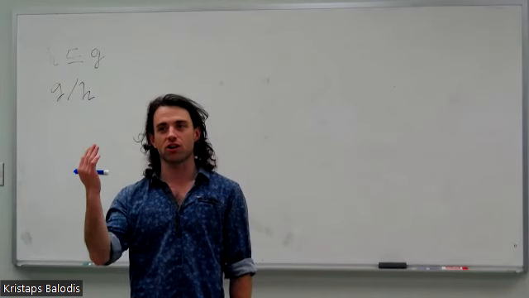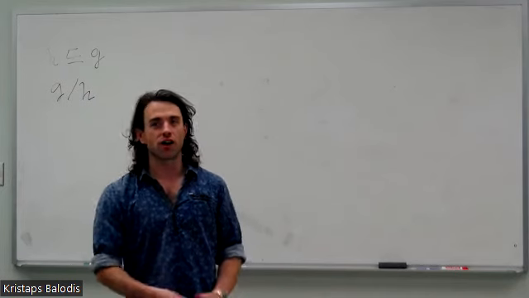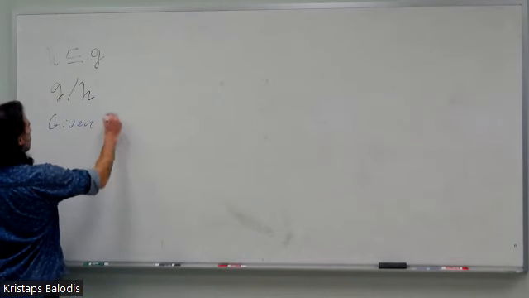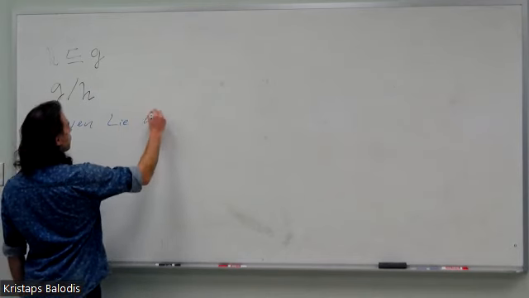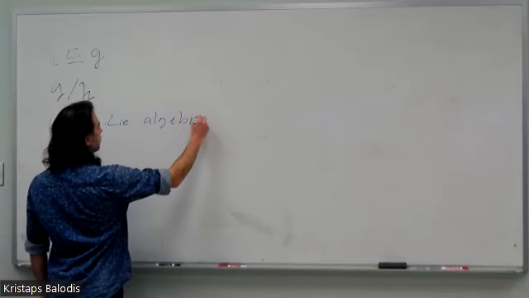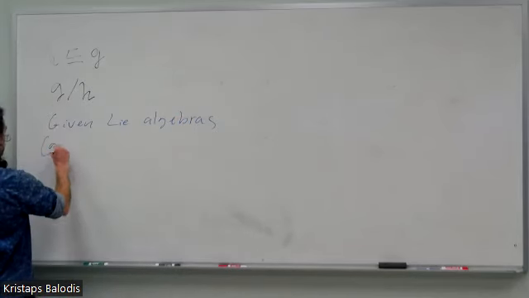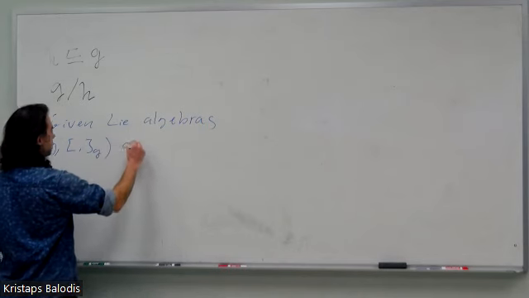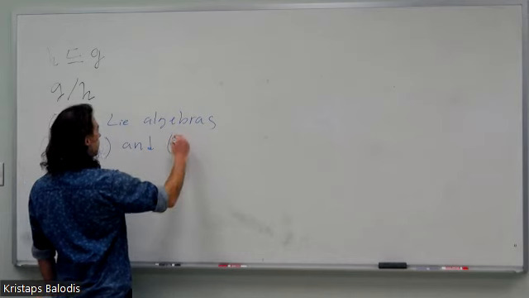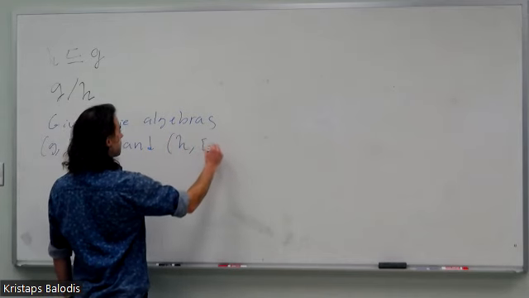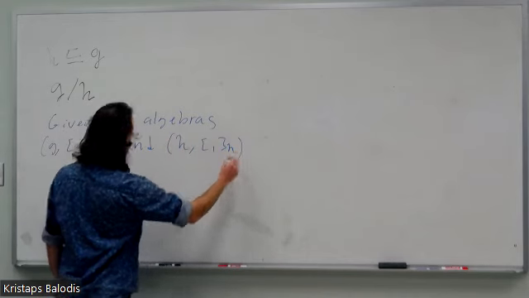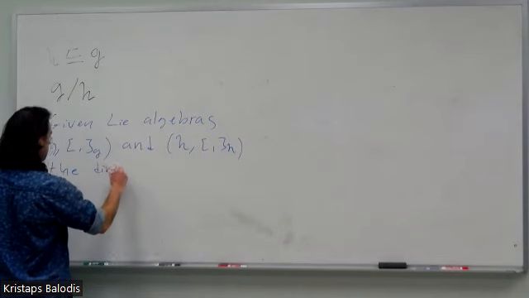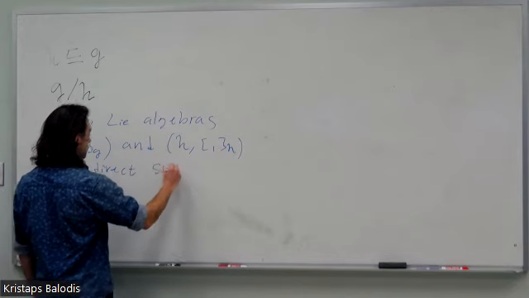So Aiden, what should our definition of a direct sum be? So given Lie algebras G, and I'll denote its bracket with a subscript G, and H, the direct sum is what?